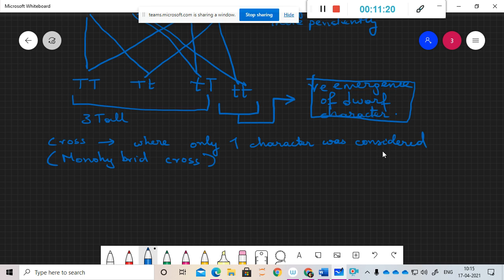The one character considered was plant height, and it had two forms. One was tall, the other was dwarf. Capital T, small t. T and t are alleles of each other.